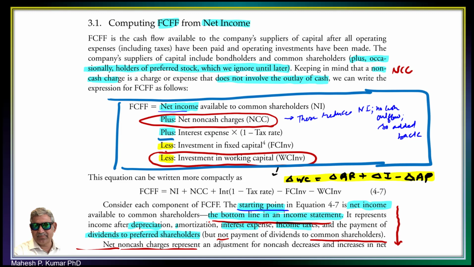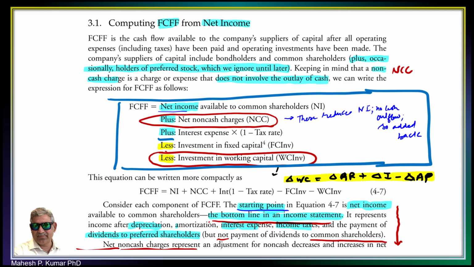So this cash flow is available both to debt and equity holders. But this interest has already been deducted, and when we are computing free cash flow for the firm, it has to be added back, because this is the cash which is available both to debt as well as equity holders. So this item, interest net of taxes, has already been deducted in the income statement, so we add it back here.